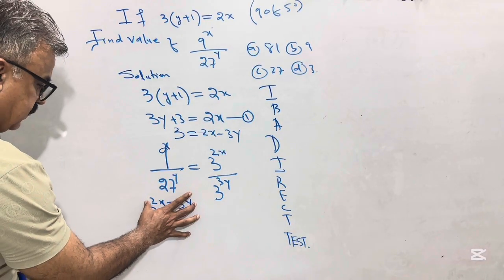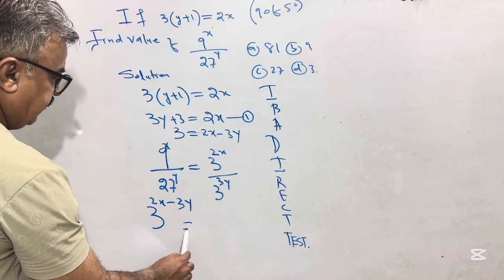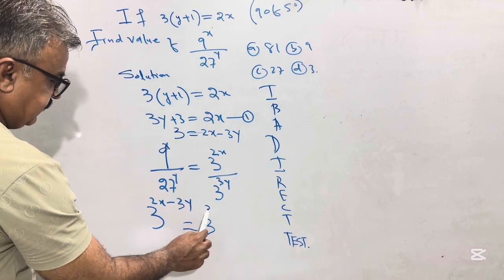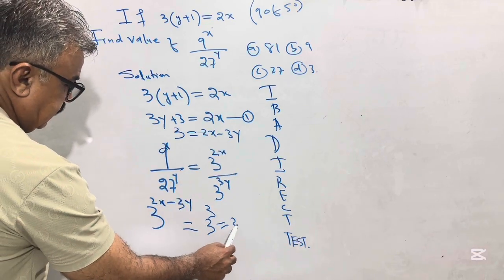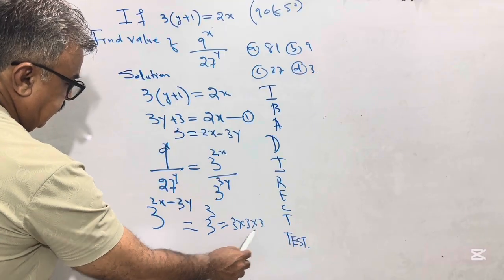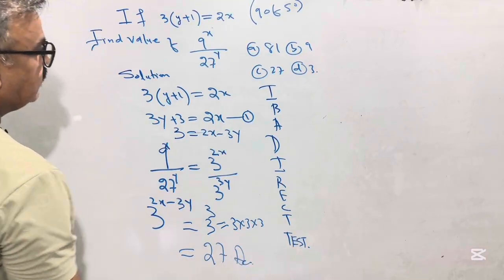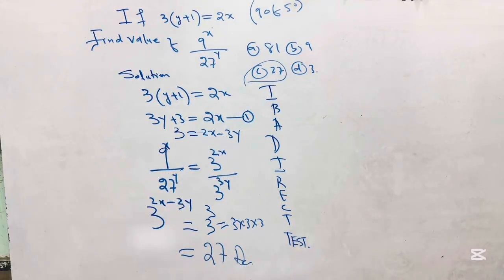So instead of this 2x minus 3y, I can plug in 3 raised to the value of 2x minus 3y, which is 3. 3 cubed will become 3 into 3 into 3. So 27 is our answer in that case. So our option is the C option.